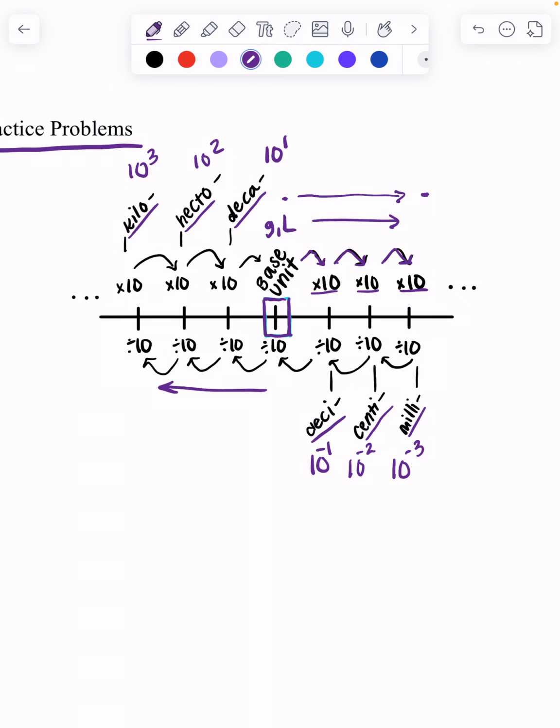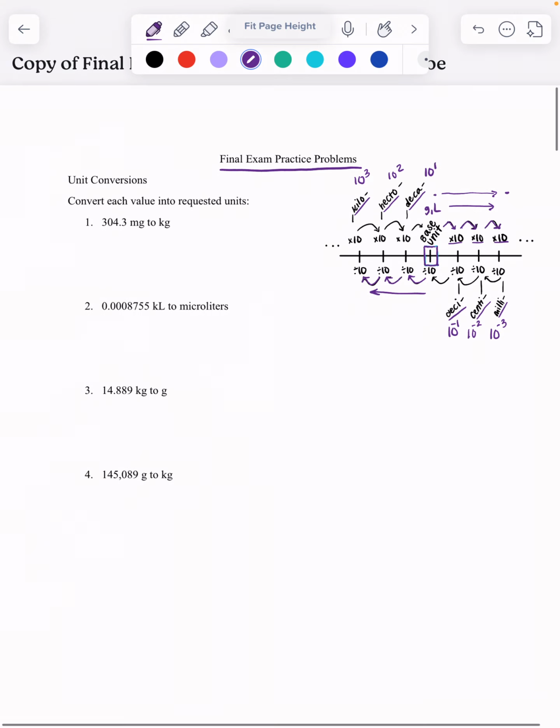If we are going from our base unit in the middle to the left, the units are getting bigger, so the number will actually get smaller because we're dividing by 10 as we move left. Divide by 10, divide by 100, divide by 1,000 from the base unit to get to kilo. So just a very good example. This is our metric unit timeline. Review it as you will, but we will use this to help us solve some of these problems.